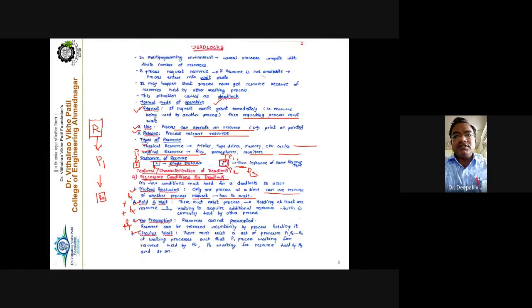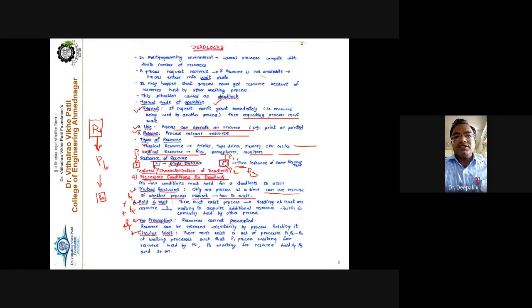So there must exist a process holding at least one resource. This arrow indicates that resource R1 is allocated to process P1, but at the same time P1 is in a waiting state. Why? It waits to get the resource R2.